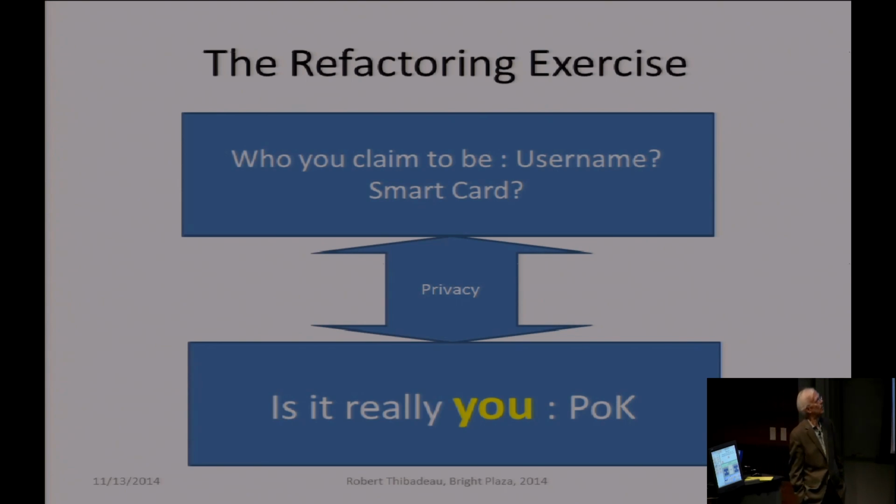So the stuff that I've been doing basically says, let's refactor usernames and passwords and separate the two and have usernames be one domain of things to do, proofs of knowledge another, and we do proofs of knowledge in complete anonymity, where the person who's performing the proof of knowledge is not known by the proof of knowledge supplier.